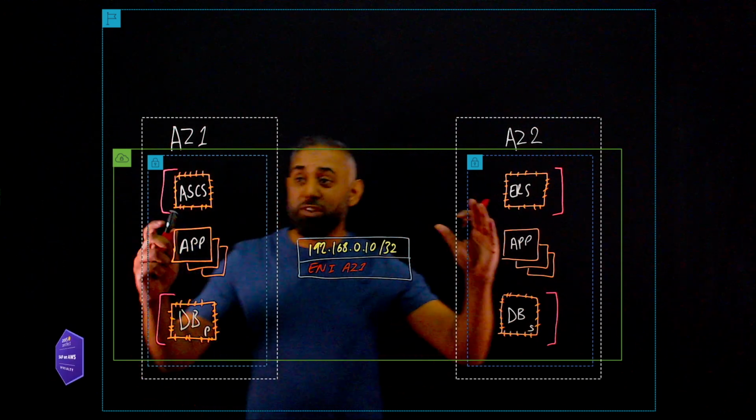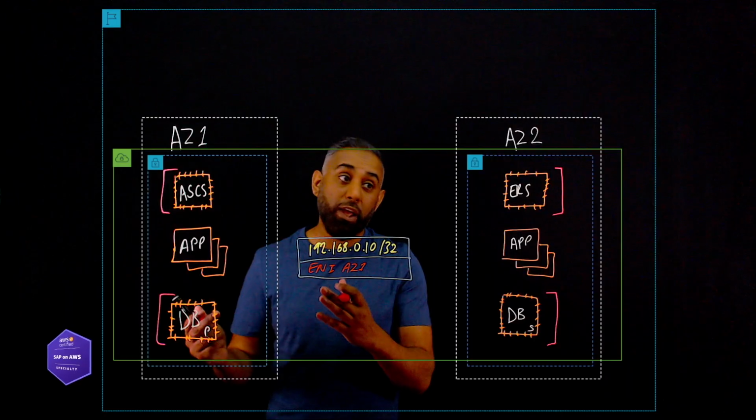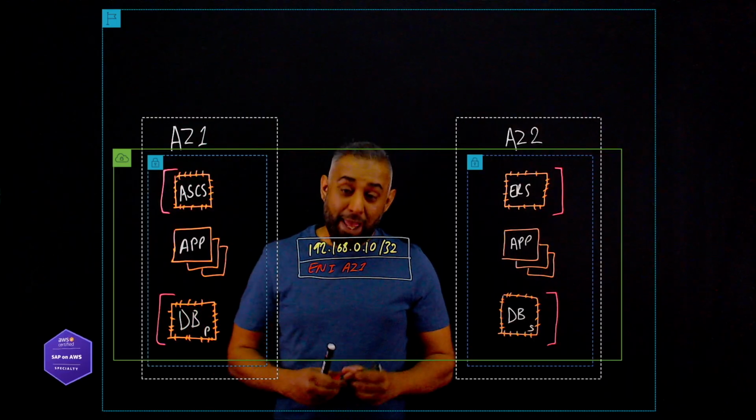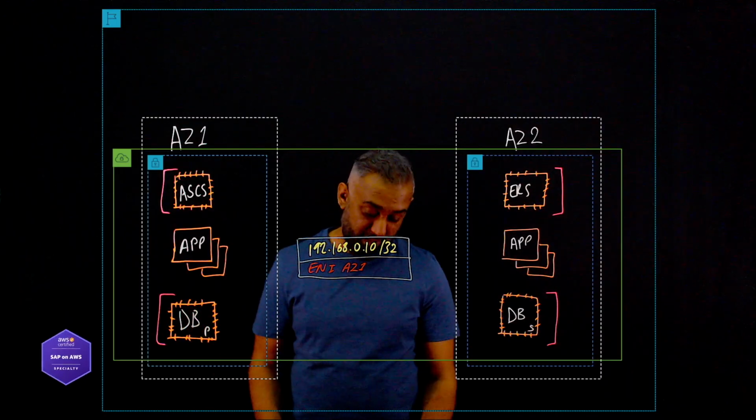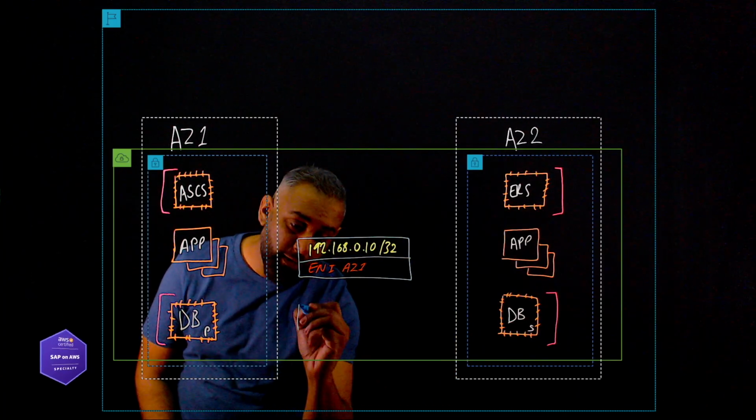Now, at the app tier, there are two overlay IPs that you have in the route table, two entries, right? One for ASCS, one for ERS. And then we also have a database entry. So we have an entry for the database cluster as well, like this.